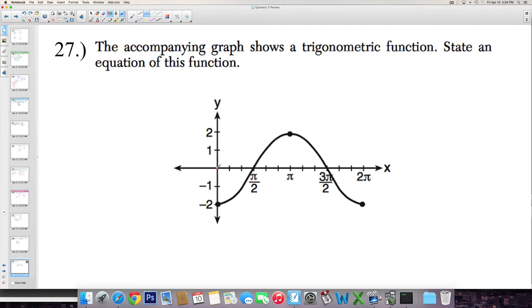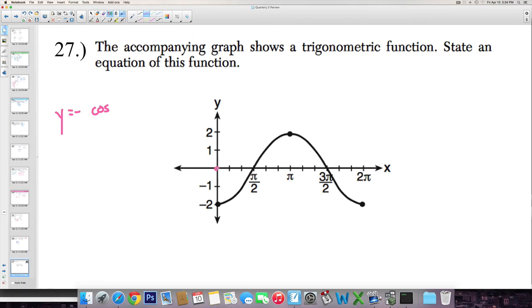We want to write an equation based on this trig function. So here's our origin. If it starts at the origin, it's a sine function. If it doesn't start at the origin, then it's a cosine function. So right away we know it's a cosine function. Cosine normally starts above. This one starts below, so it's a negative cosine function. The amplitude.